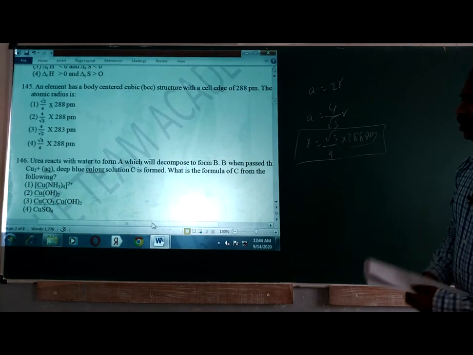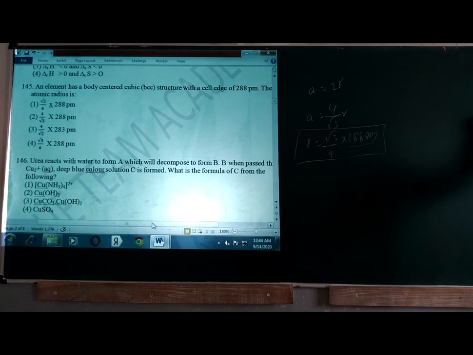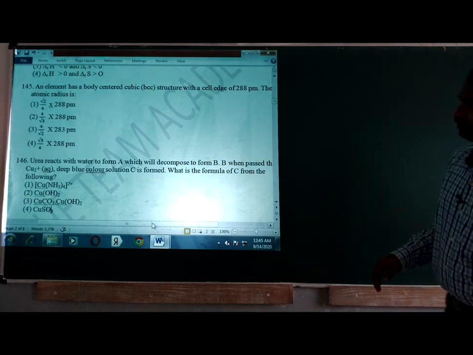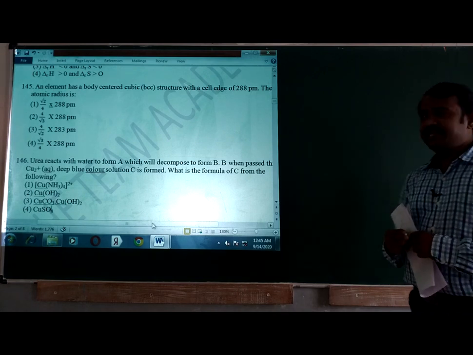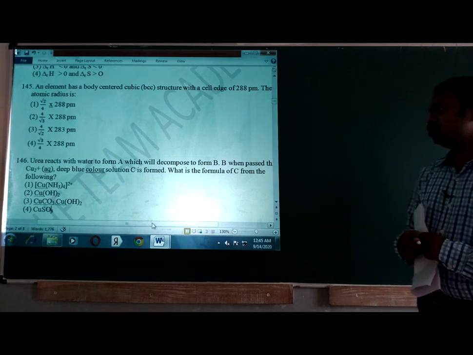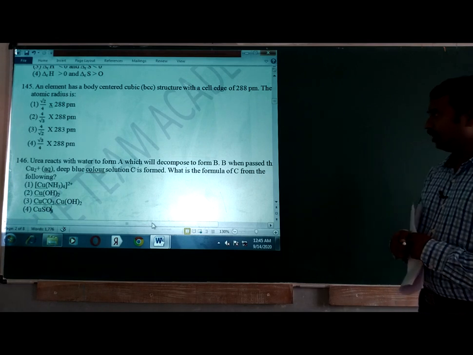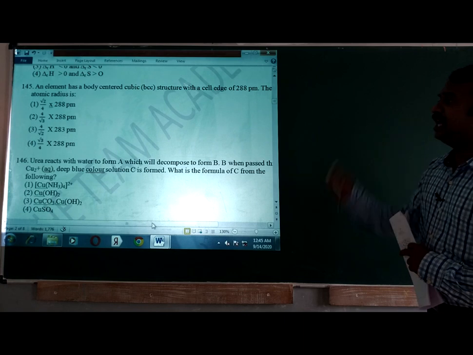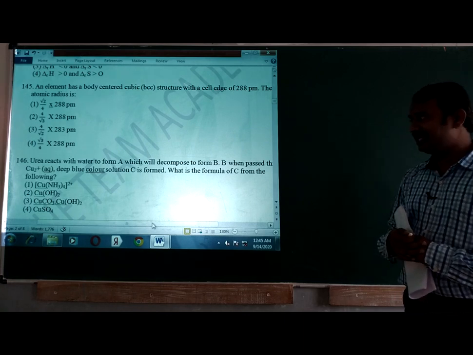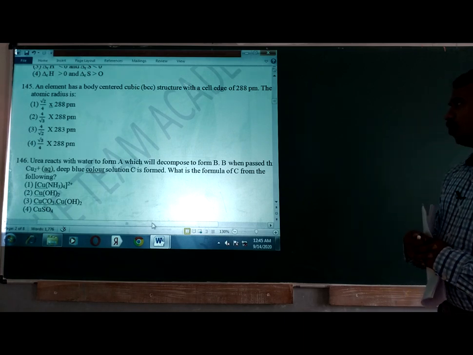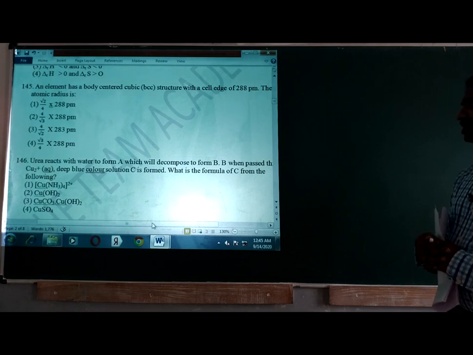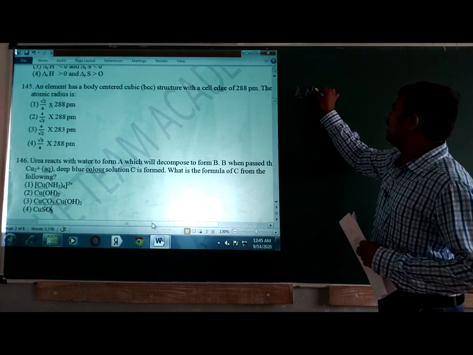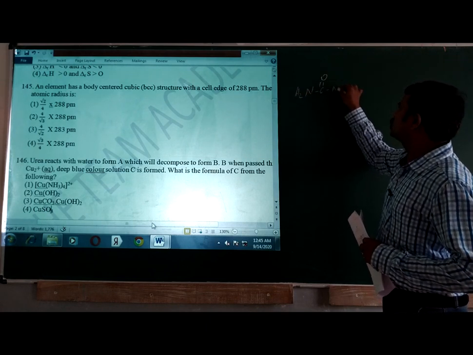Next one, urea reacts with water to form A, which will decompose to form B. When B is passed through copper solution, a deep blue color solution C is formed. What is the formula of C? We can observe what urea is. Urea formula is NH2CONH2.